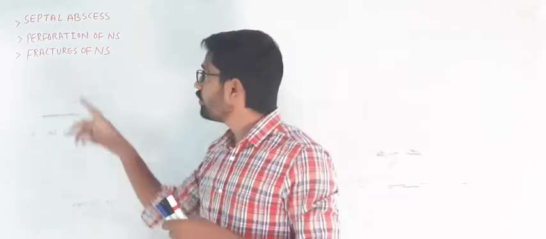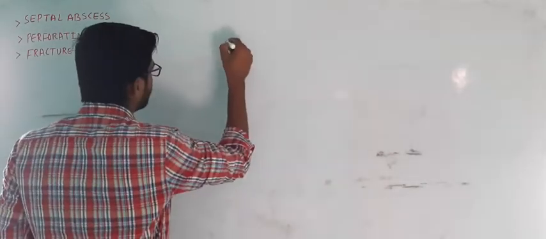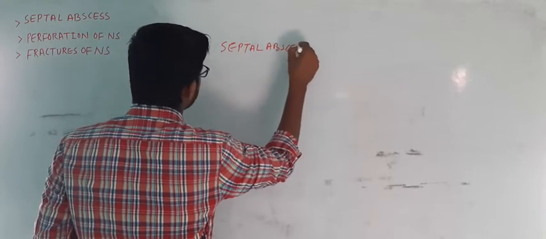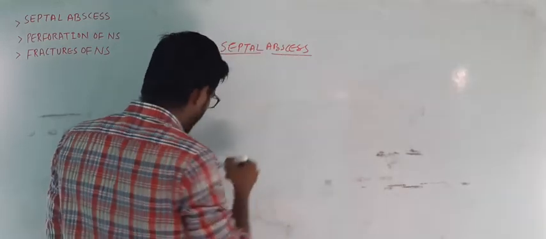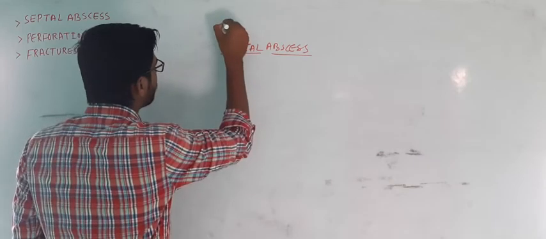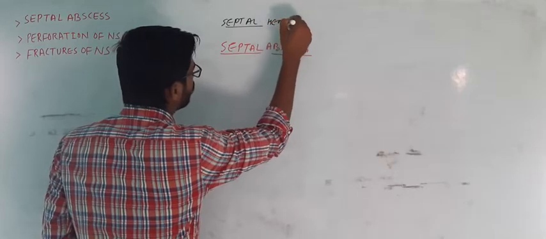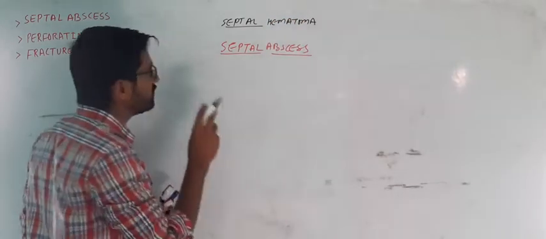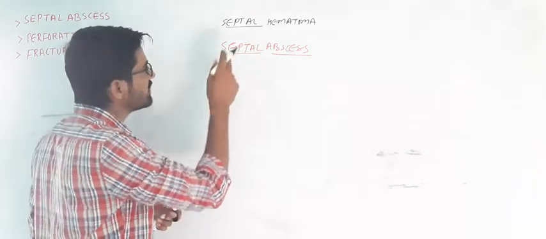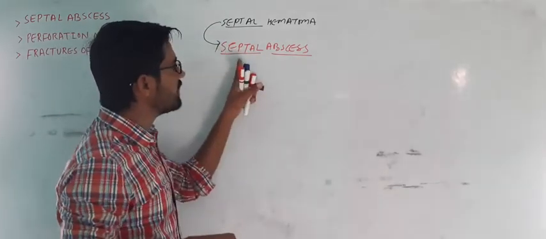Now we are starting with the septal abscess. As I told you in the previous video, it is a complication of septal hematoma. If the septal hematoma goes untreated and there is a secondary bacterial infection, it can lead to a septal abscess.